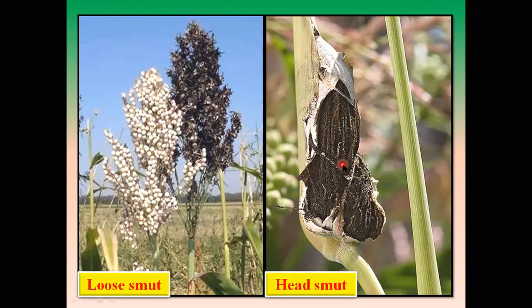In this case, the entire earhead is transformed into long hair-like filamentous bodies with brown to black spores. That is why this disease is known as Kesal Kani. This is the major difference in symptoms among the four types of smut seen in sorghum.